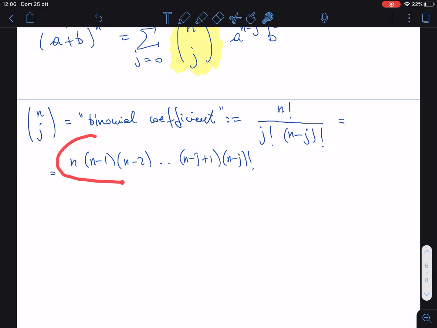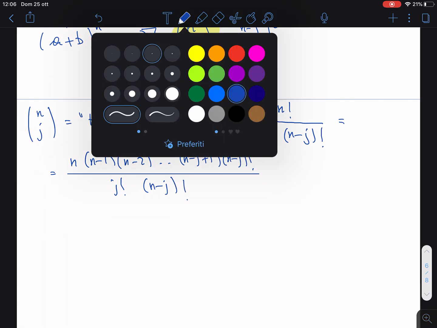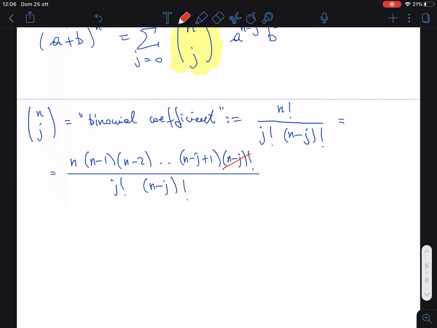So you just isolate, you gather out the numbers up to n minus j plus 1, then you end up with the factorial of n minus j. Okay, this is easy. And here it is a numerator. Let us go to the denominator. So you have j factorial times n minus j factorial, and of course you can simplify here, n minus j factorial here, n minus j factorial here.